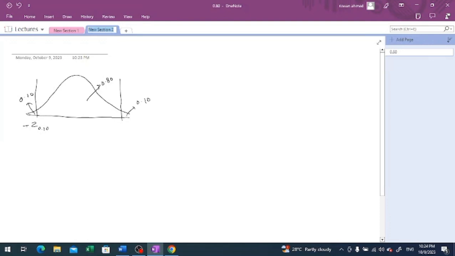Now, at the time of derivation, I've written this as minus Z alpha by 2, because alpha by 2 has the value 10% here. So this borderline we can indicate as minus Z, with the probability associated with this borderline being the area below it. And this 0.10 will indicate the area above this borderline with plus sign. So the areas we need to consider that we have assigned in each tail are 10%.